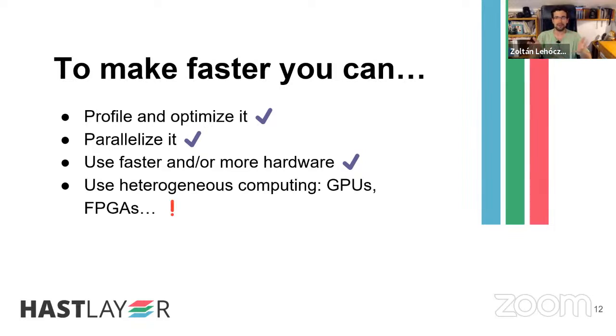Heterogeneous here just means that you are using multiple specific processors or multiple hardware accelerators specific to given domains. GPUs, for example, video cards, are like that. If you have graphical computations, they are great. FPGAs are something like that as well.